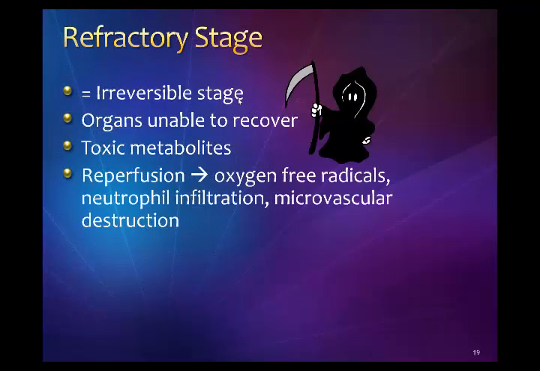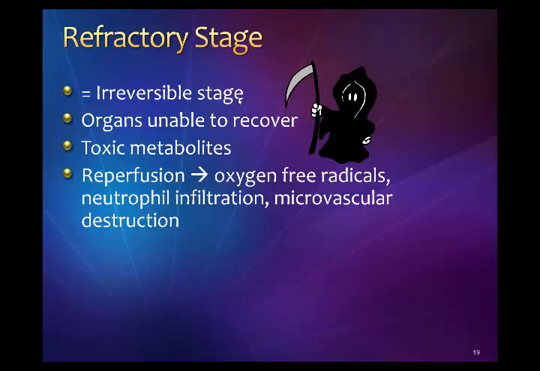Okay, so refractory shock is typically irreversible and organs are unable to recover, and once a patient goes into multi-organ dysfunction syndrome, which is 2 or more organs fail, could be any of those that we saw on the last page, or it can also be a blood problem or hematological problem called DIC, disseminated intravascular coagulation.